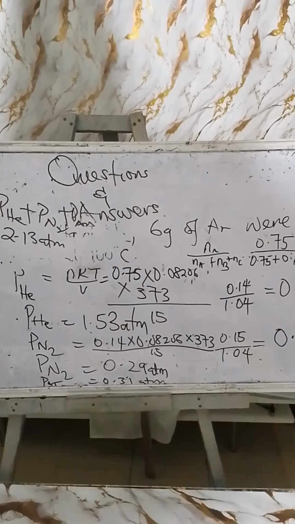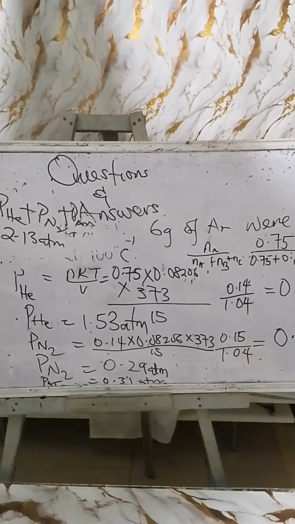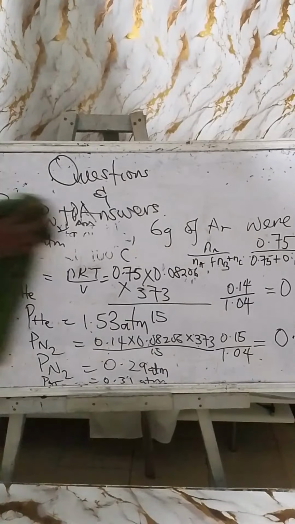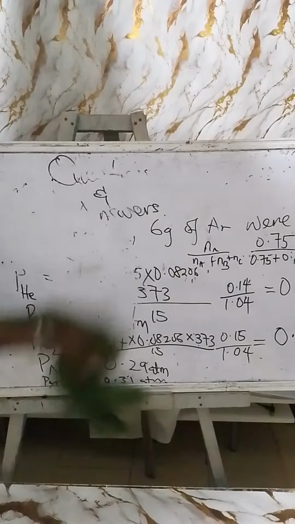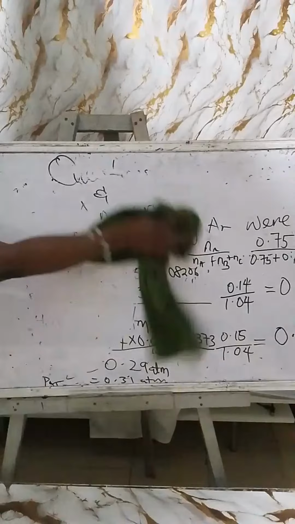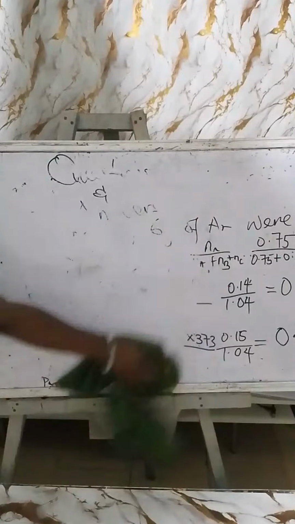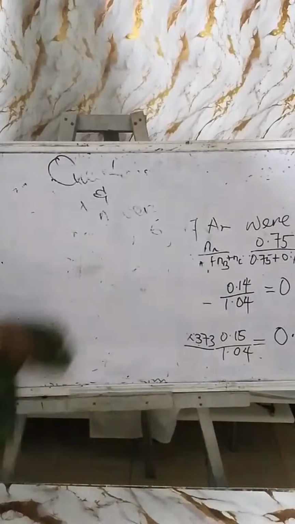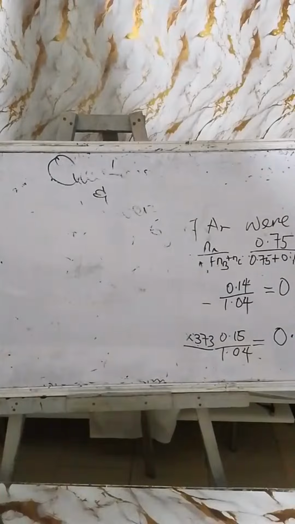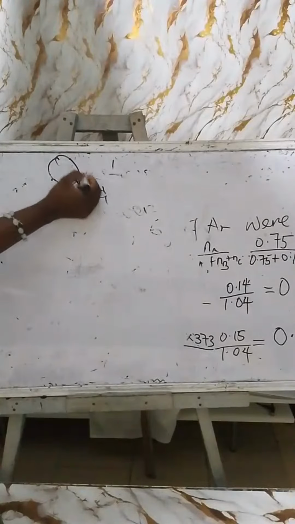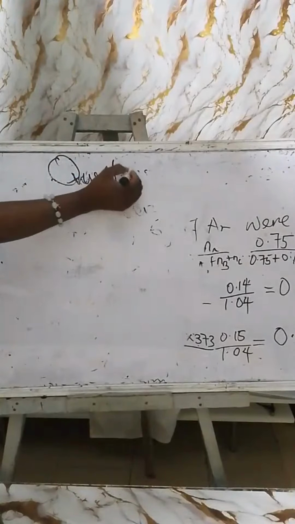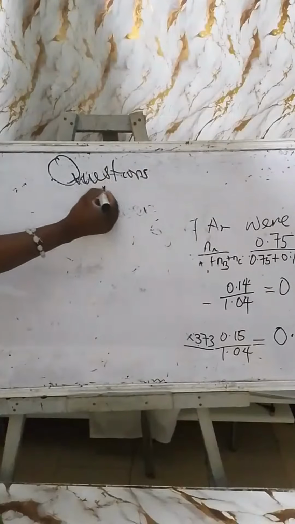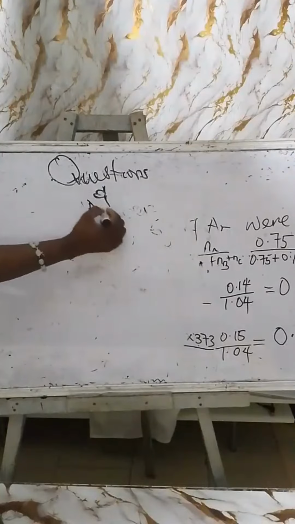So the next similar question will be from your colligative properties. But before this, we will first of all do that of phase diagram. A phase diagram shows the transition of the three states of matter. So we are going to ask ourselves questions on that phase diagram, question and answer.